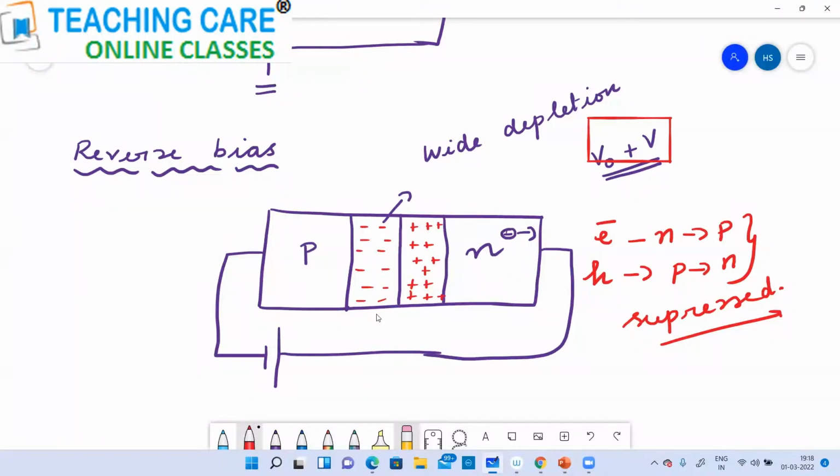Due to this, the potential drop across the junction increases, and as a result, the diffusion of holes and electrons across the junction decreases.